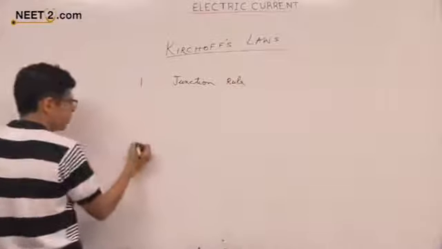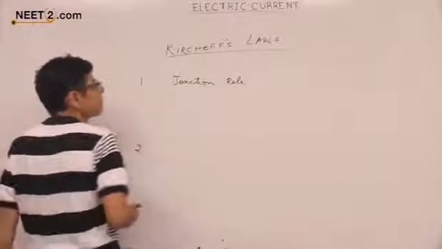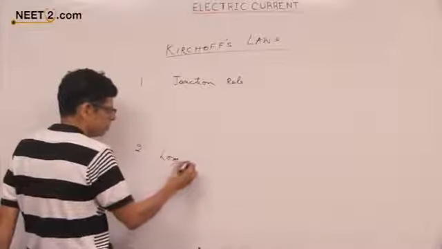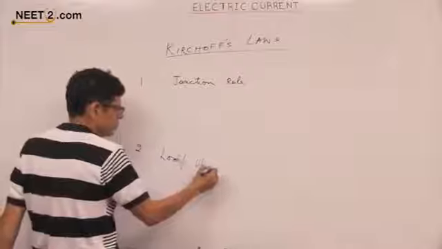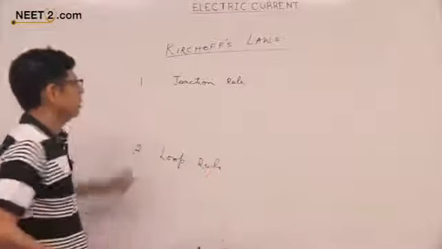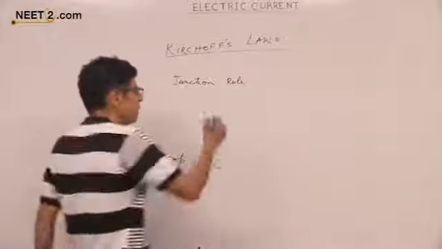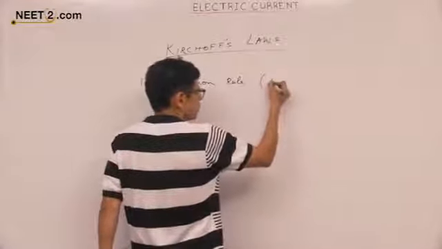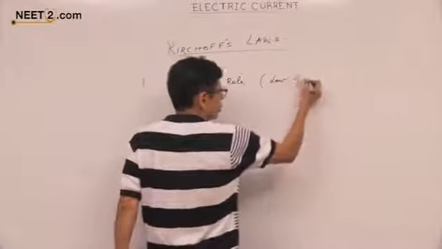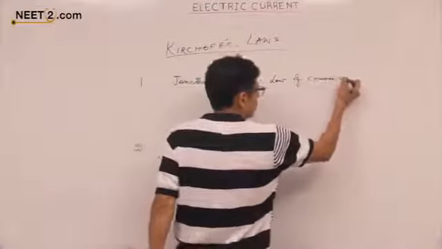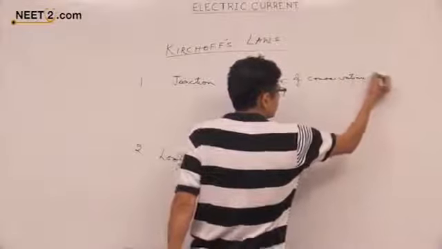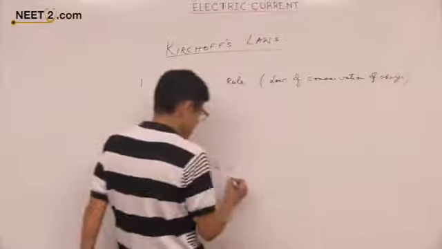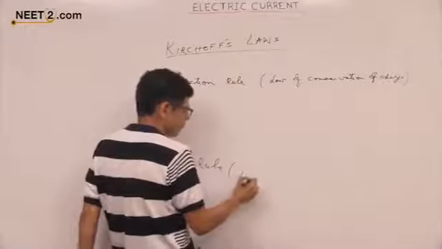The second one is known as the loop rule or voltage law. Junction rule is based on law of conservation of charge, whereas this one is based on law of conservation of energy.